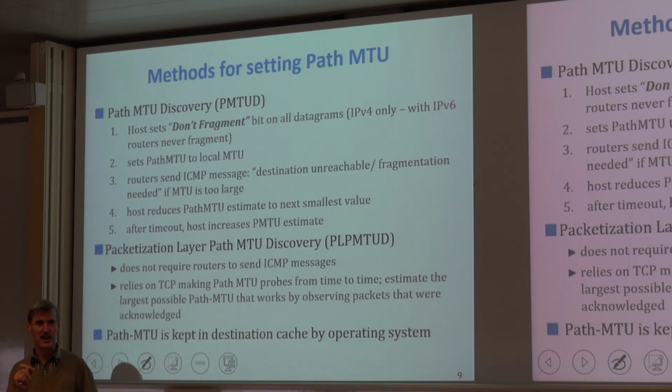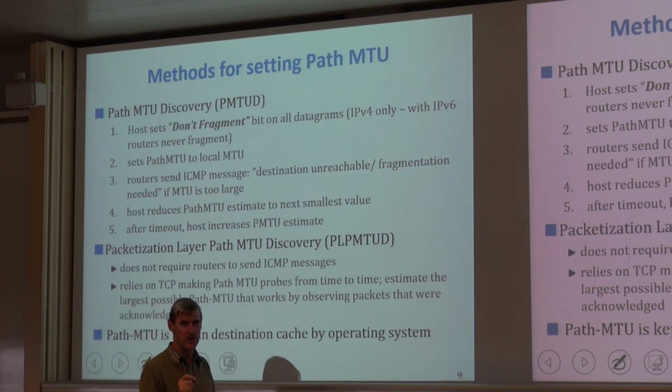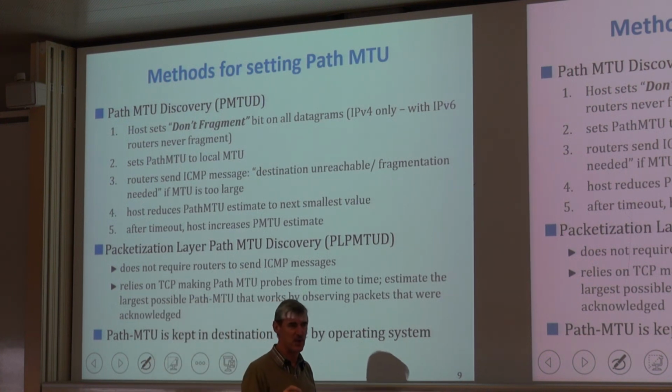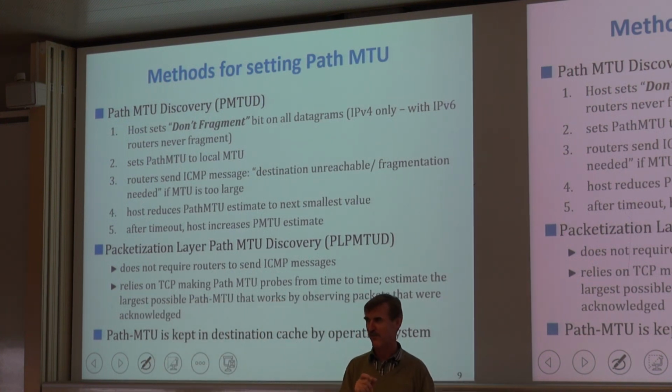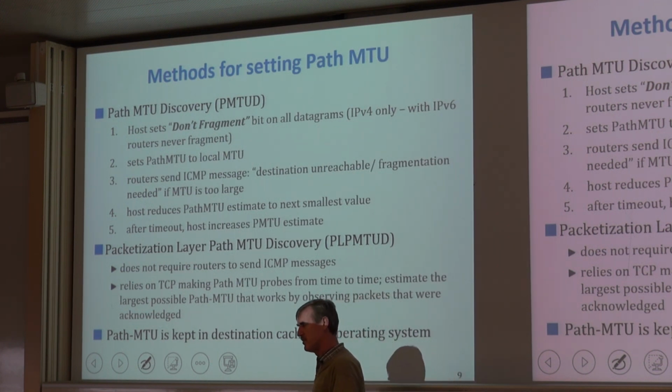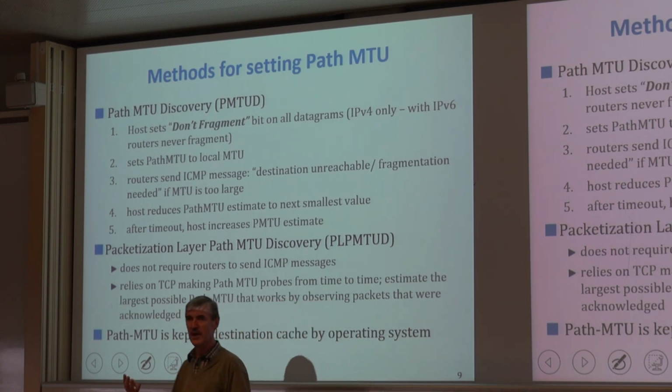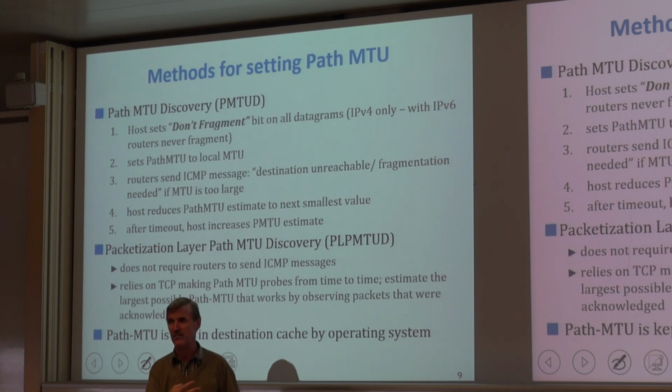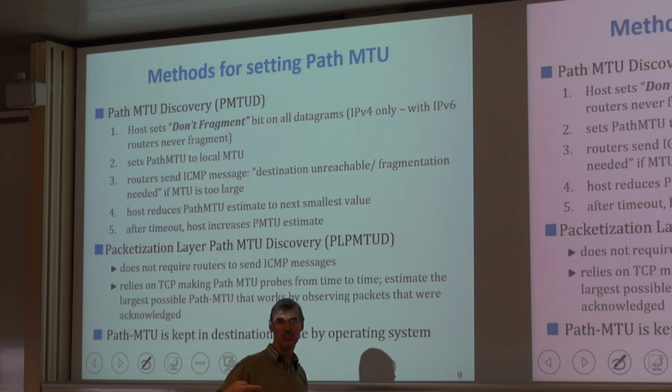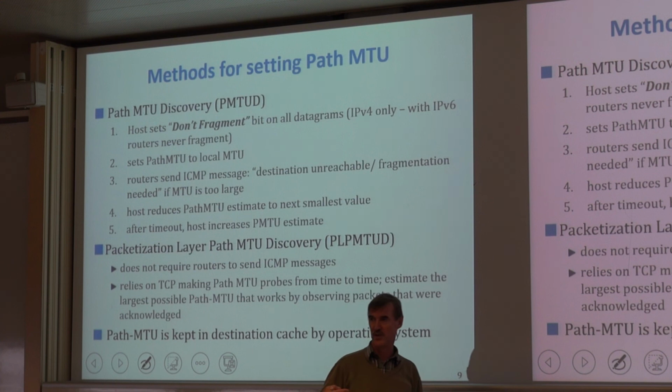If you set that flag, that means routers are not allowed to fragment, even if they would like to. So normally, when you use TCP, a well-behaved operating system will set that flag. If a router cannot forward the packet because it's too large, it will drop it. And like with TTL expired, it will send back to the source an ICMP message saying message too big. And it will give the MTU that this router supports.